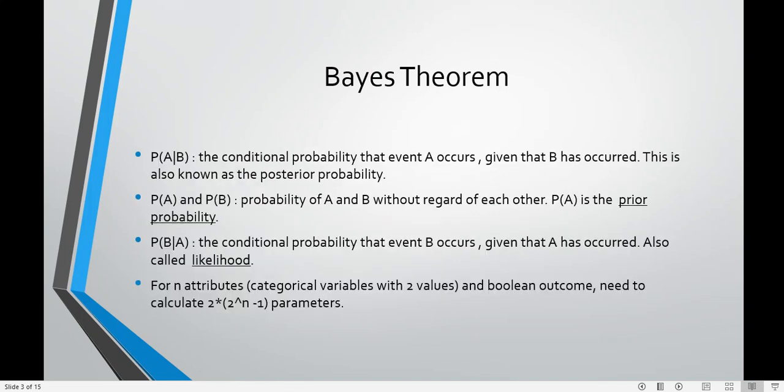But there are a few terminologies used in naive-Bayes for the components of this equation. The probability of event A given B is the conditional probability that event A occurs given that B has occurred. This probability is known as the posterior probability.